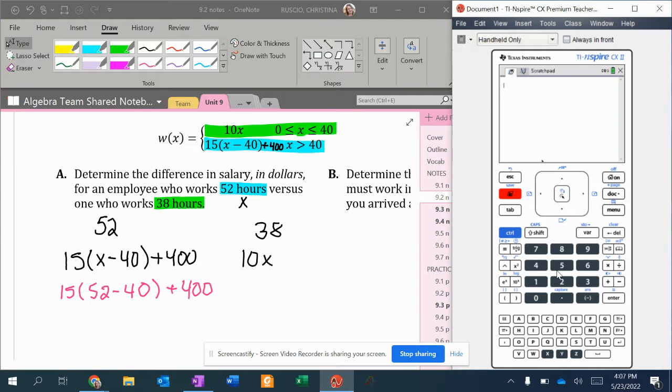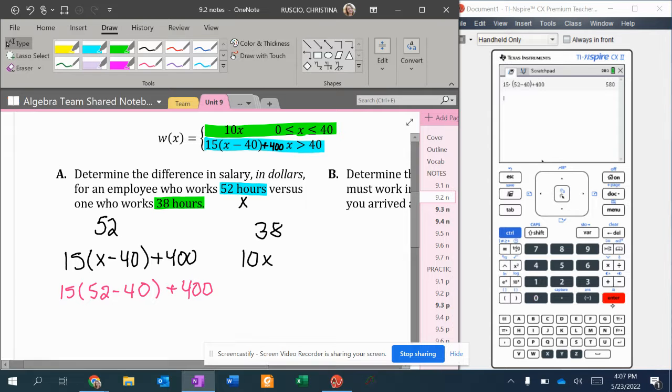So let's just see, 15. So 15 parentheses 52 minus 40, close those parentheses, plus 400. And that ends up equaling 580. So $580. Sorry, my dog's barking. And then 10 times, in this case, 38.